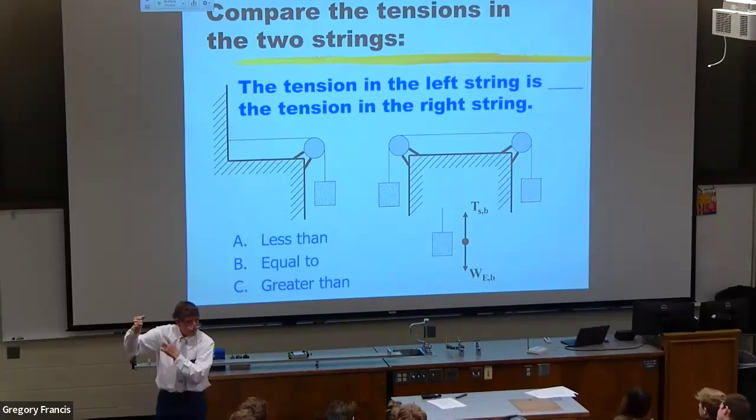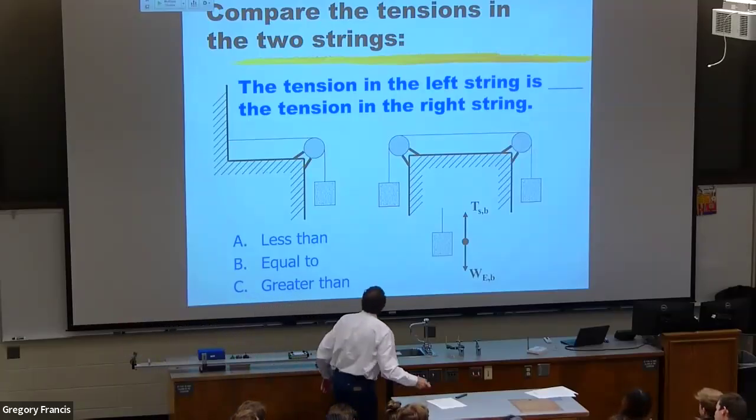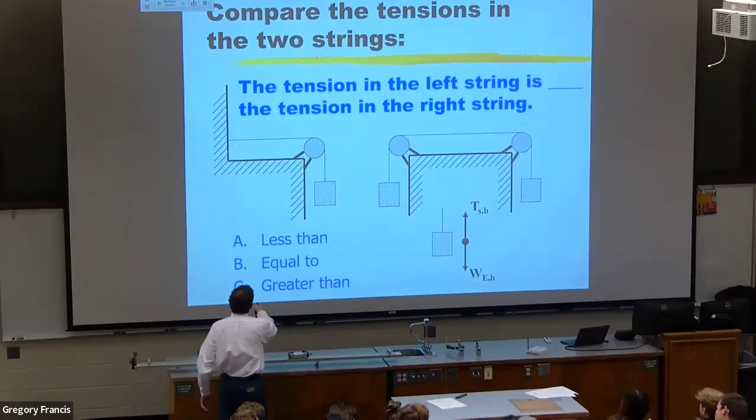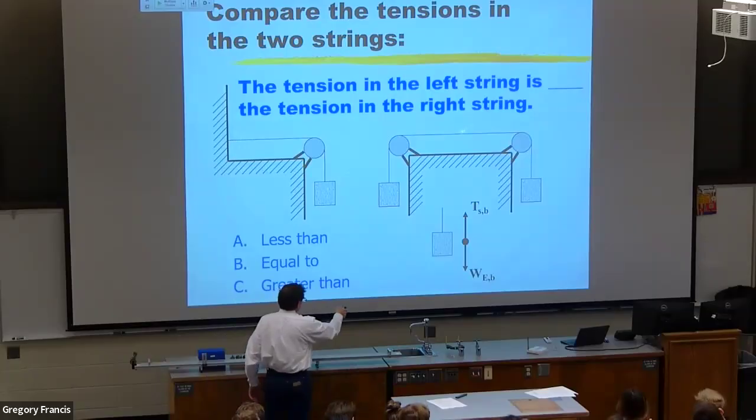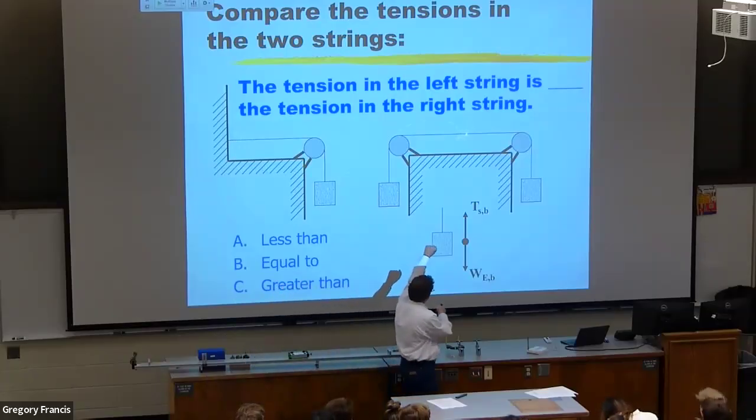Now, whether I hold that or whether I tie it to the ceiling and let the ceiling hold that doesn't matter, okay? The same thing's true here. Whether I use a wall to hold this in place or whether, let's say, I get rid of this block and I'm just holding the rope right there, that's not going to change the tension in the string.